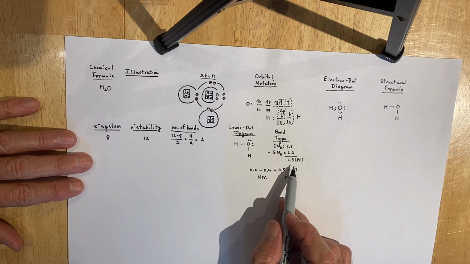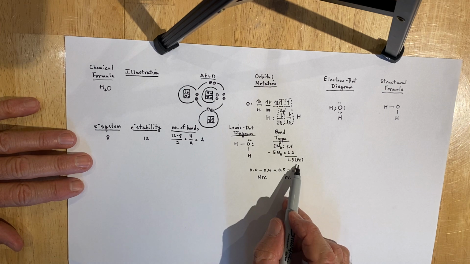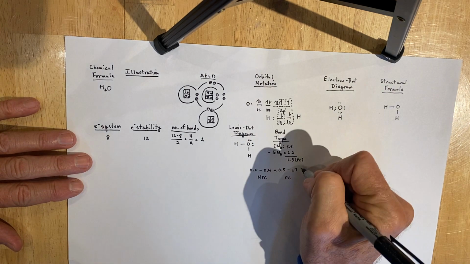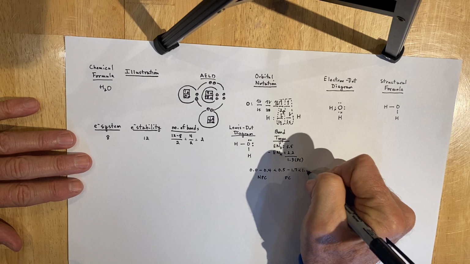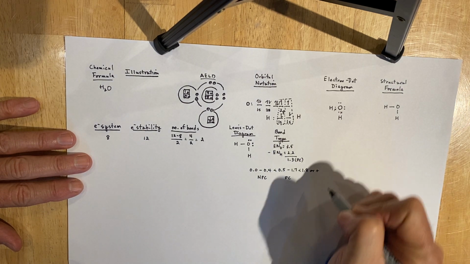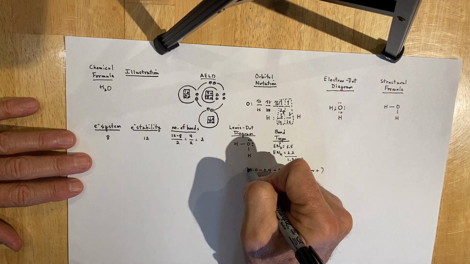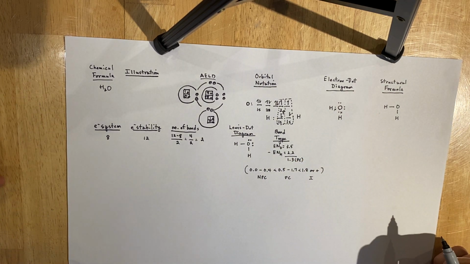And so that classifies a difference in electronegativity of 1.3 as being polar covalent. And once again, to cap this off, if the electronegativity difference is 1.8 or greater, we say that bond is classified as being ionic.